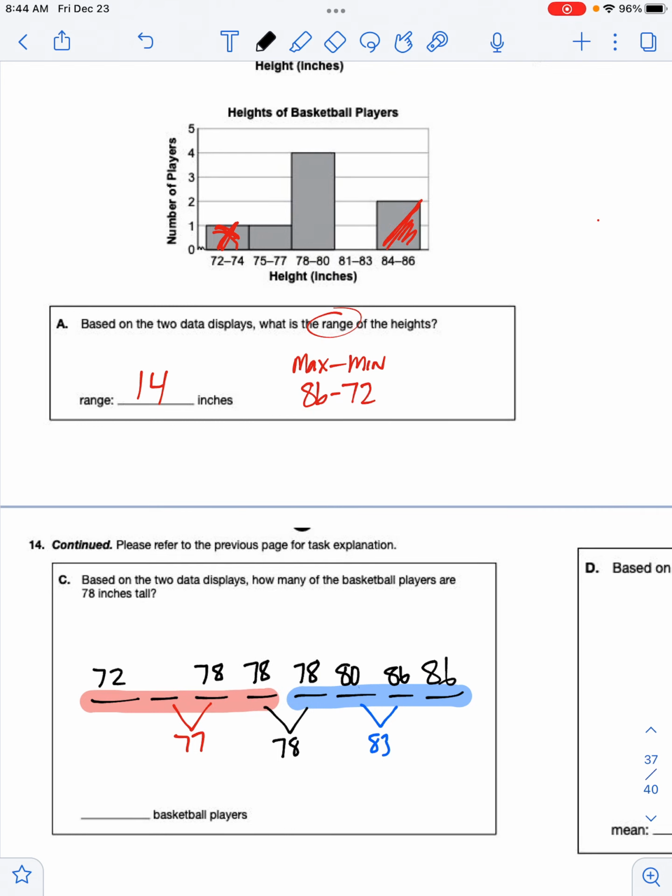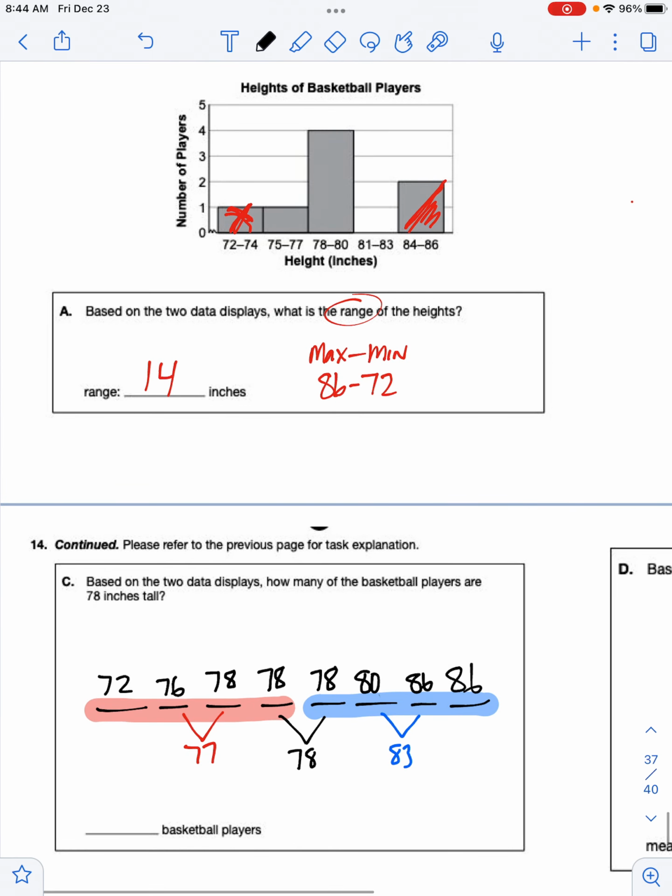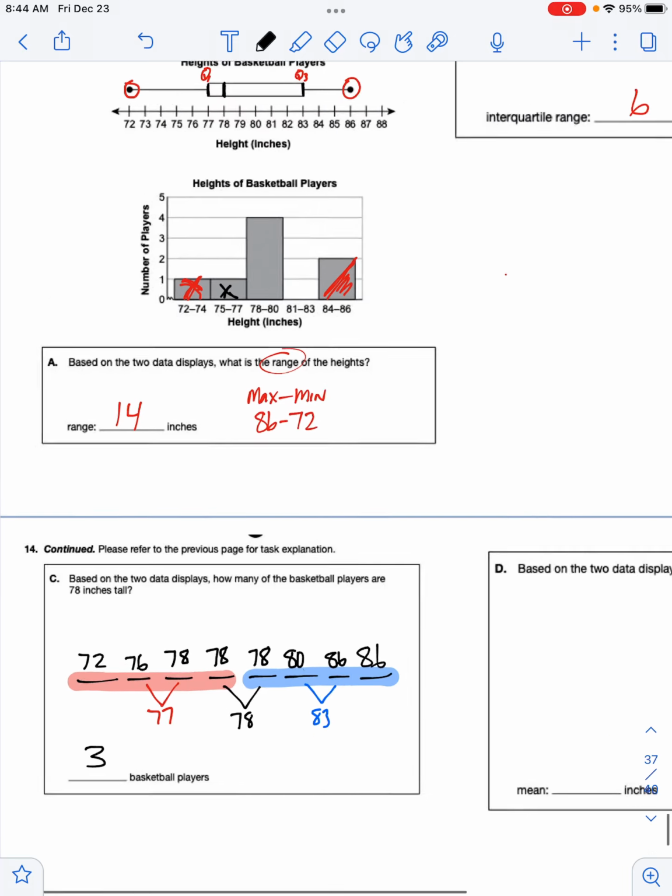And then down here at the bottom, if we're averaging to 77, that's 1 away from 78, so that means this number has to be 76. Does that fit our histogram? Yes, because we have one number between 75 and 77. So a little bit of work and a little bit of thought to figure out what the heights of all 8 basketball players are. Now we can answer the question, how many players are 78 inches tall? There's going to have to be 3 players 78 inches tall.